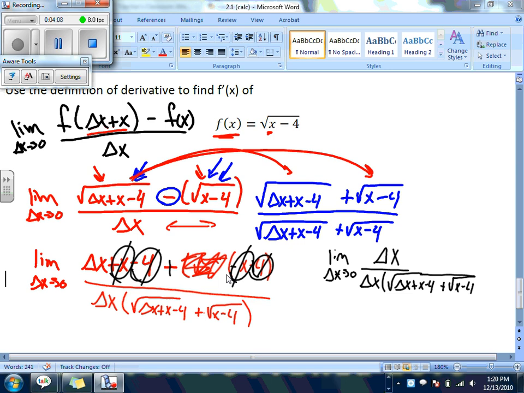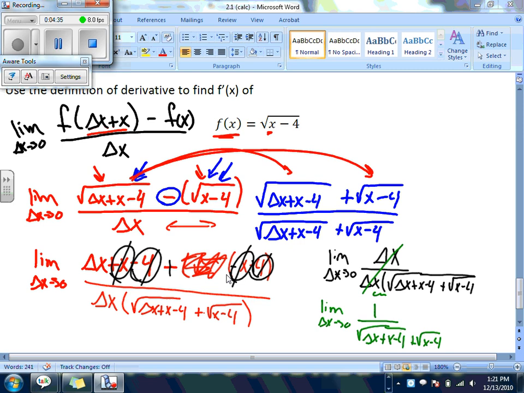It's all on the bottom yet. Since we're multiplying on the bottom, we can cancel out this change of x. And all we have left over is the limit as change of x approaches 0 of 1 all over the square root of change of x plus x minus 4 plus the square root of x minus 4.